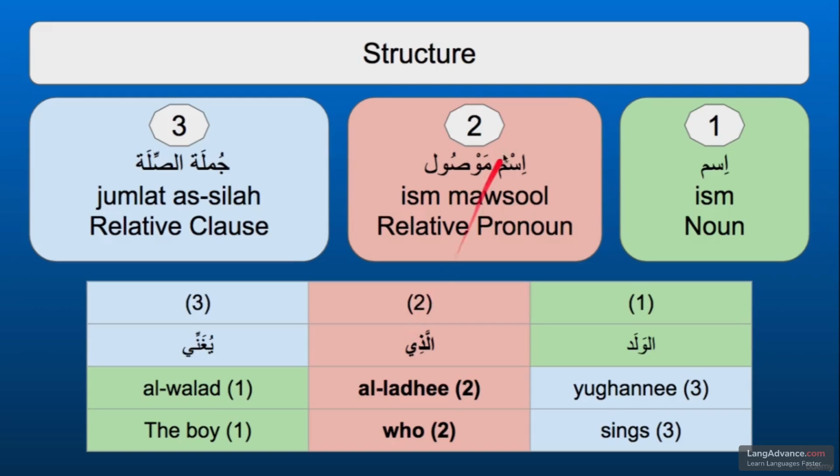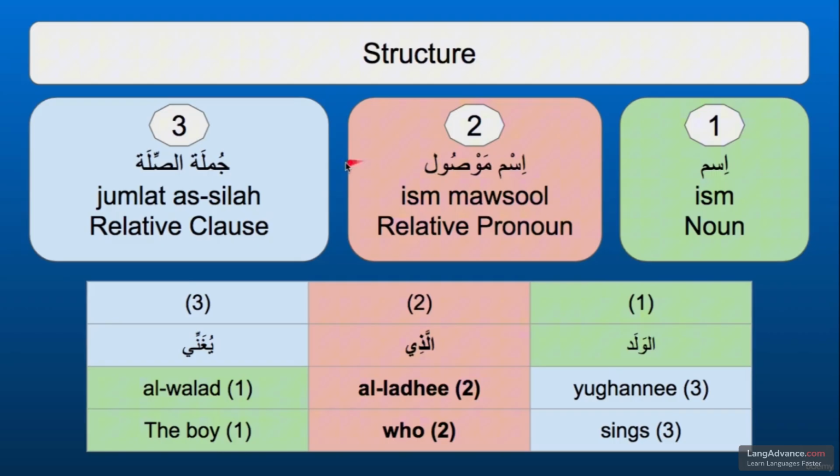So let's see the structure of the sentence with the relative clauses in Arabic. It always starts with a noun or some sort of a noun phrase, and then you have the relative pronoun, what we call ism mawsul. This ism mawsul is the relative pronoun that we have seen the different variations of in the preceding slide.